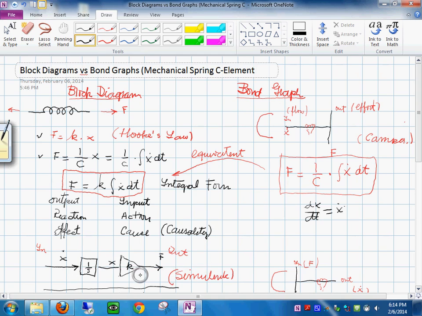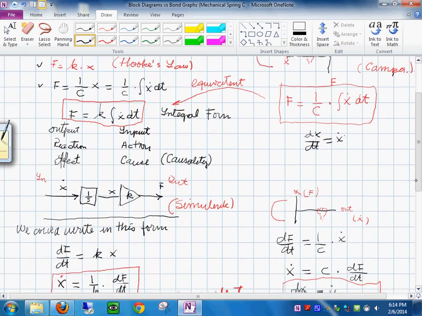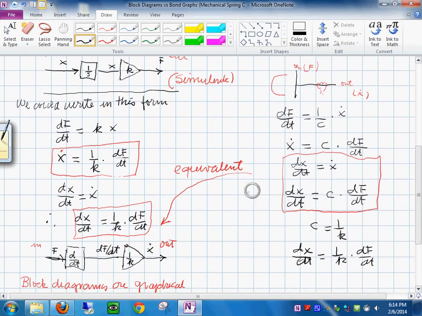Simulink will understand it this way, CAMG will understand it this way. All right? And if you have the equation the other way, this is the derivative form. You have the representation of that derivative form over here. This would be equivalent to this form.